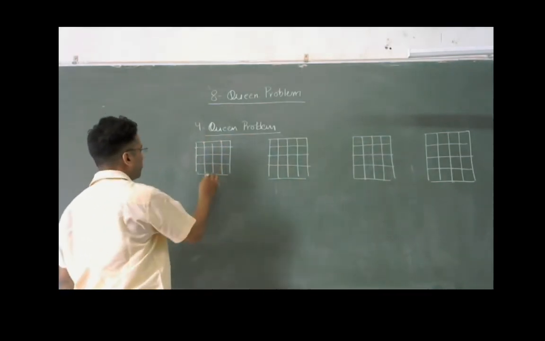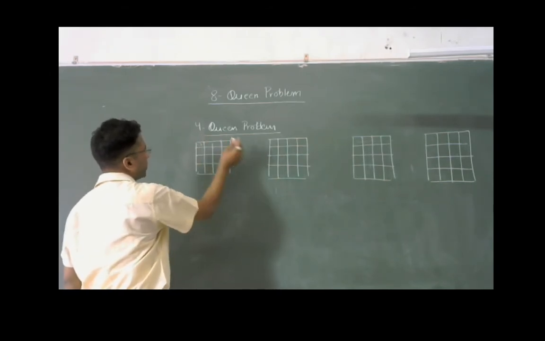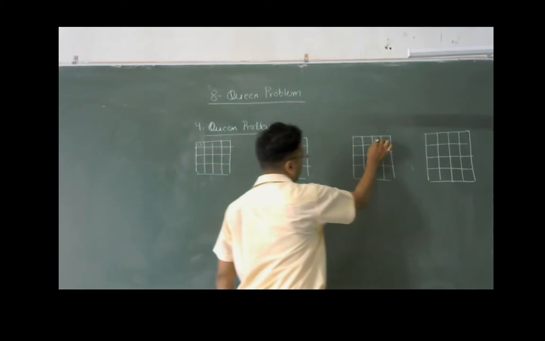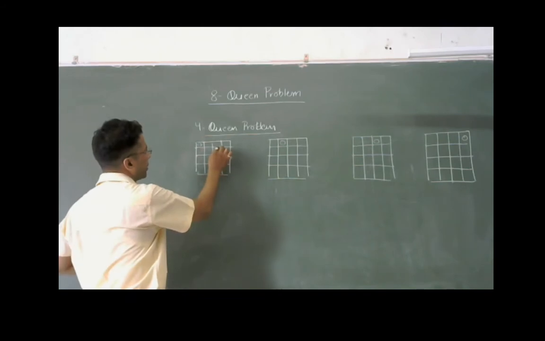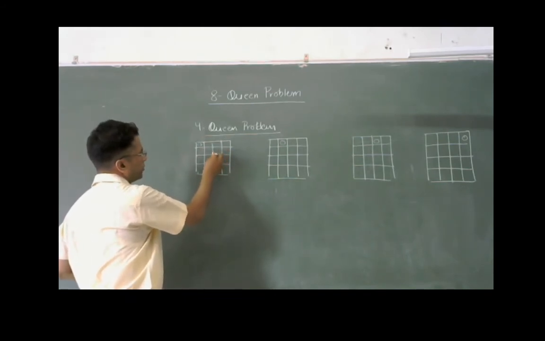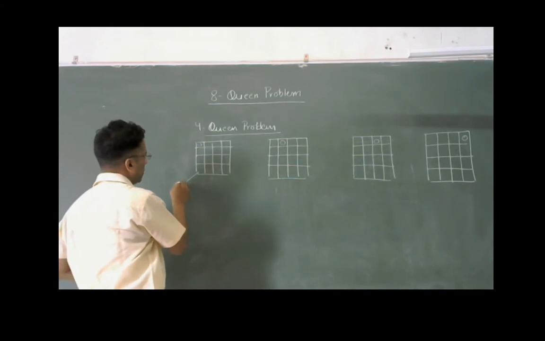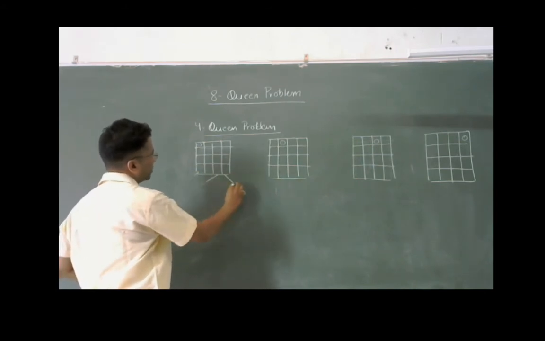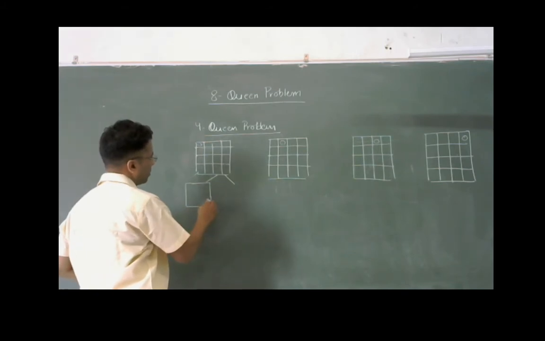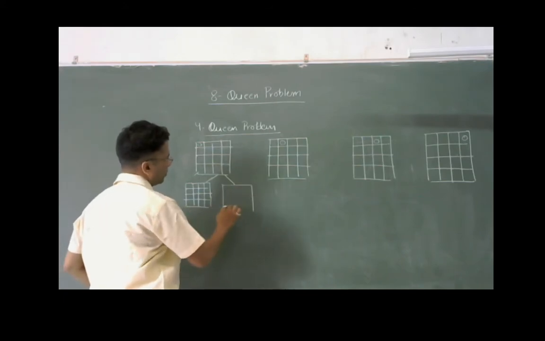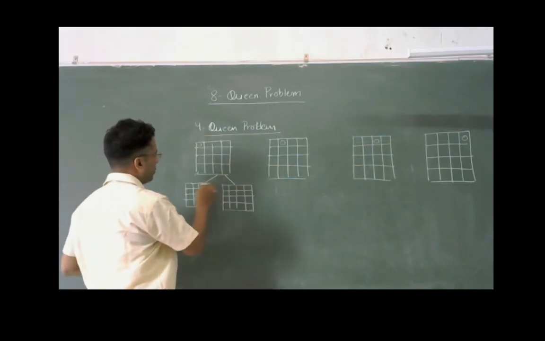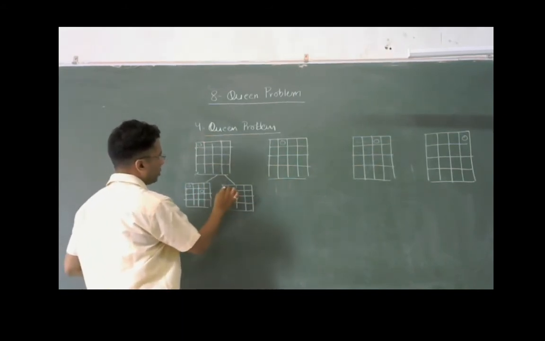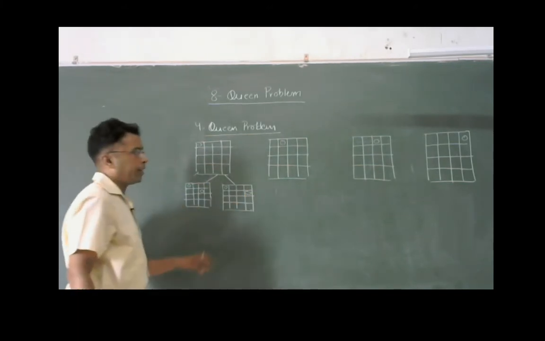Here this is a 4, the first queen can be placed here, here, here or here. For the second, there are 2 options. One placed here and the second placed here, or the second placed here, right?